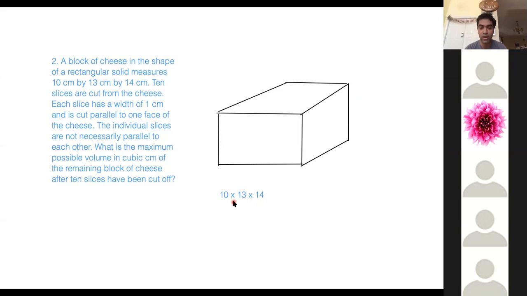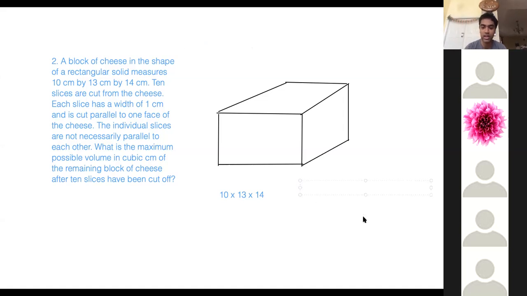Let's say I only cut 1 slice. Which way do I want to cut it such that the maximum is remaining? Nine by 13 by 14. Okay, so that's one way.